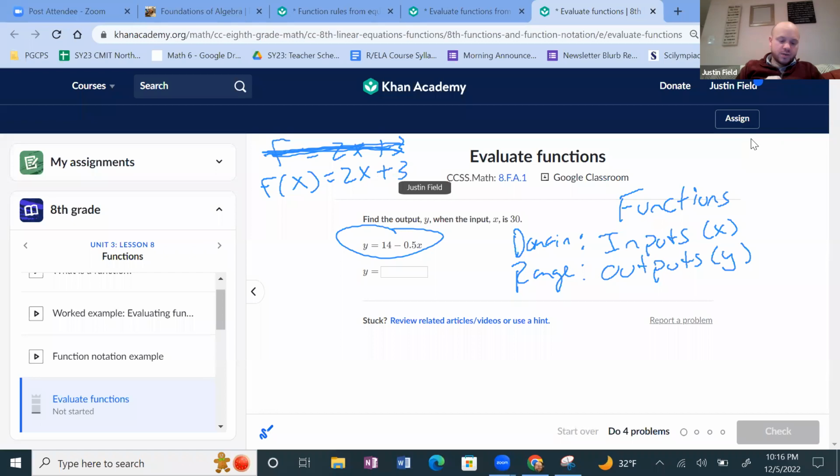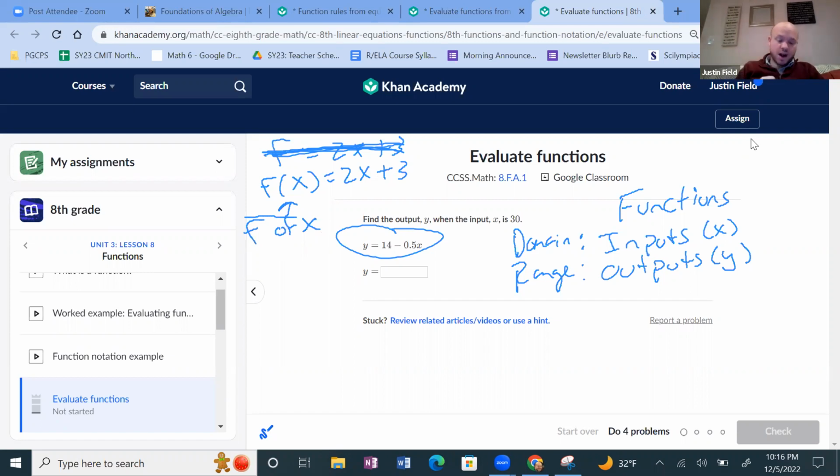The reason we don't write that with the Math 8 students is because it's confusing. F times x? No, that's not what that says. This is f of x, called function notation. It's a brand new way to write something, and it's not multiplication.